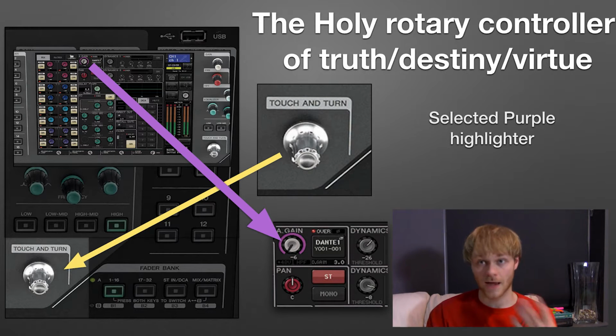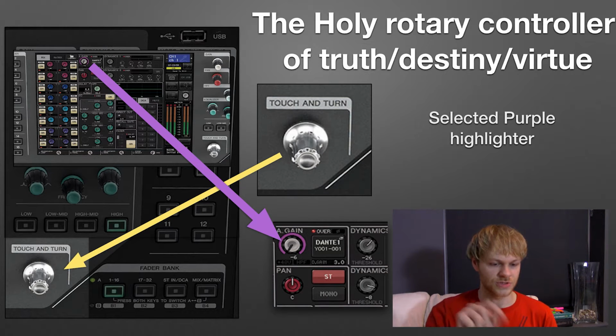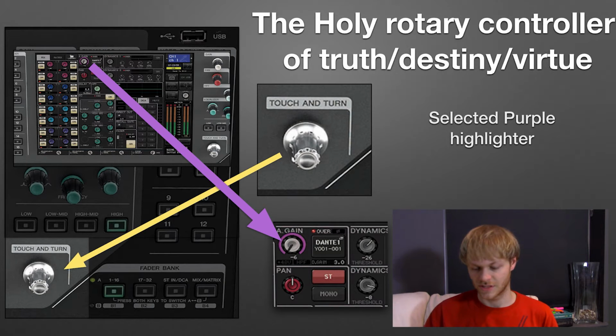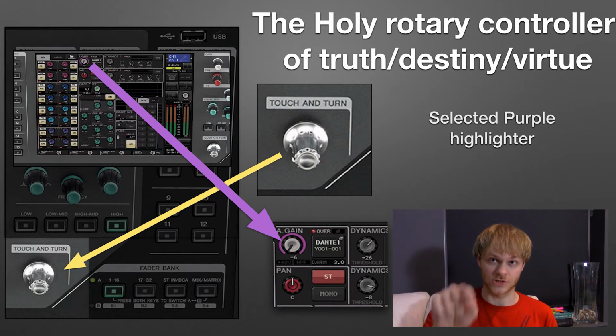So to change the gain, for example, we would touch the gain, which is on the touchscreen there, as I've highlighted, and then we would be able to manipulate that specific parameter with this digital rotary encoder. So we would turn it up or down, and likewise goes for any other parameter. We select it on the touchscreen, then we can affect it using this encoder.